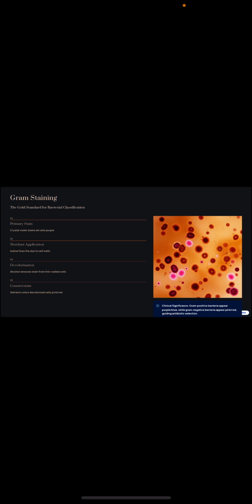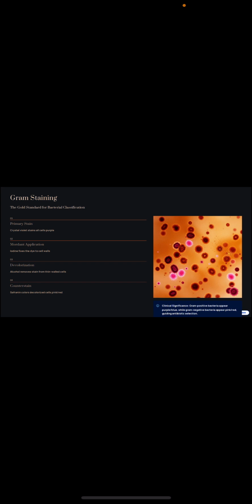The one which appears pink or red is gram negative bacteria. There is one more way of identifying them, by the peptidoglycan layer. Gram positive bacteria have a thick peptidoglycan layer, while gram negative bacteria have a thin peptidoglycan layer. We need to keep these two things in mind.